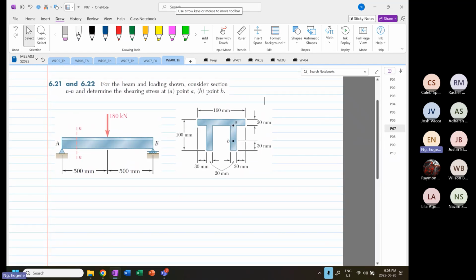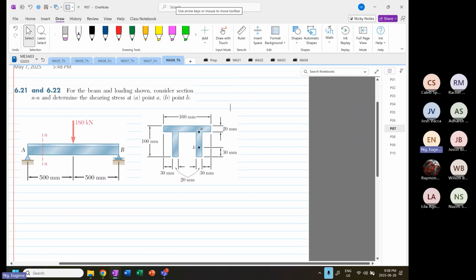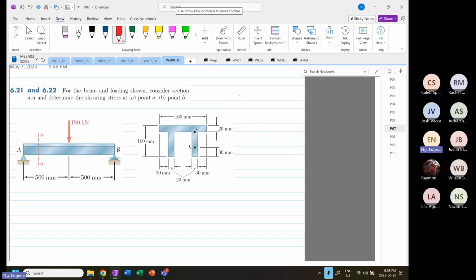So I'm not going to bother to look for the first or second moment of area. So I'm going to write over here given. Okay, given, because all of you, I believe, know how to find second moment of area, and I don't want to do it again. Okay.